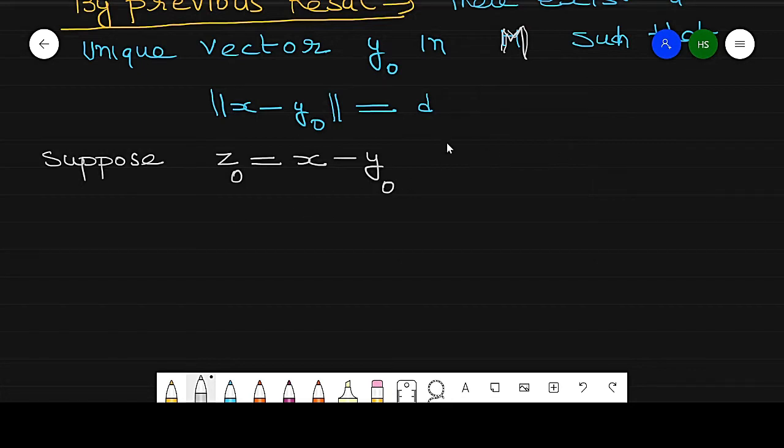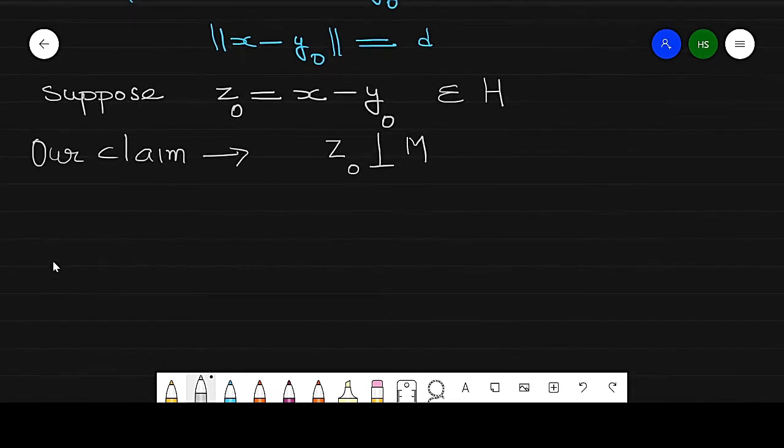Now we know that y naught is a member of M, so it is a member of H. x is also a member of H. H is a subspace, so clearly z naught belongs to H. So my claim is z naught is perpendicular to M. That is my purpose, to prove my theorem, and z naught is a non-zero vector.